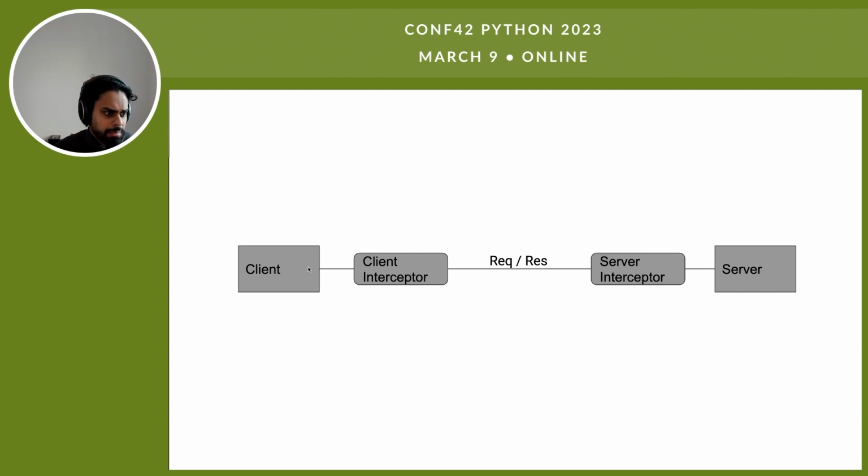The client makes a request, which is picked up by the client interceptor, which could add some metadata or modify the request in some way. It then gets sent over the wire to a server interceptor, which can check and validate certain aspects of the metadata or the message before passing it to the server.